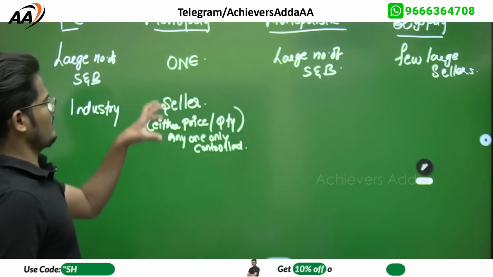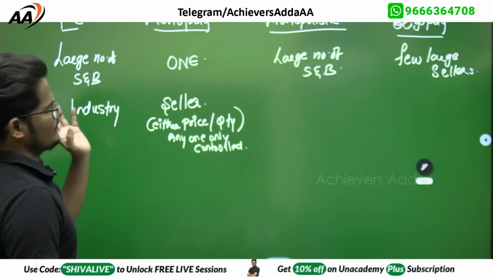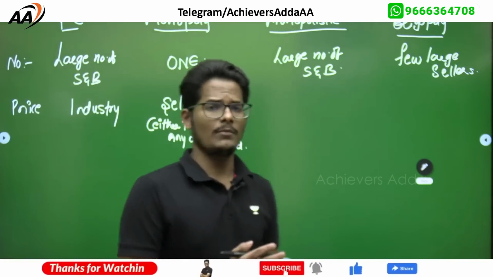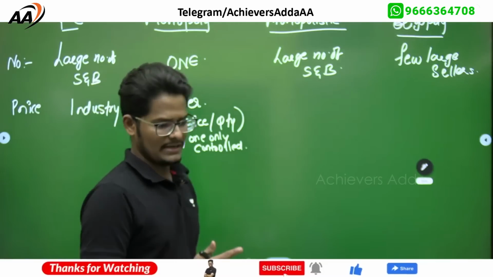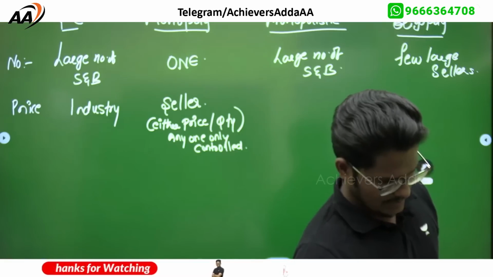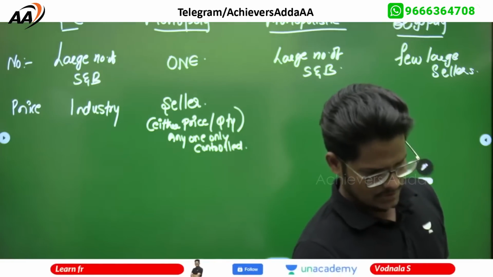Yes, here the firm will be both price maker and taker. And in the monopolistic situation, price decision is somewhat typical because we cannot say anything about it.